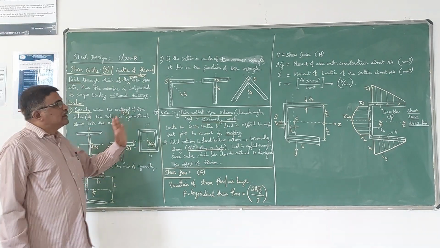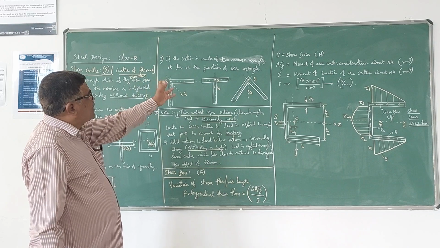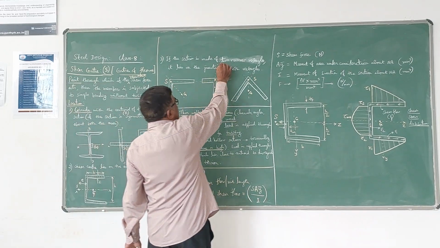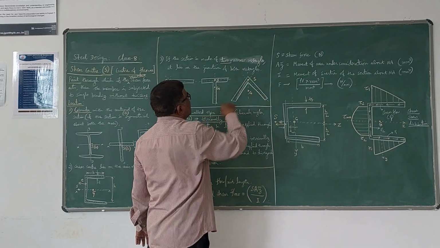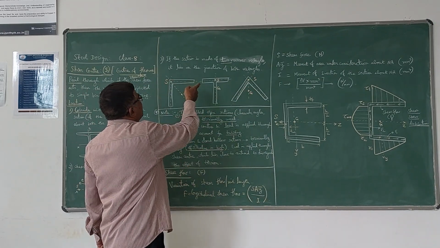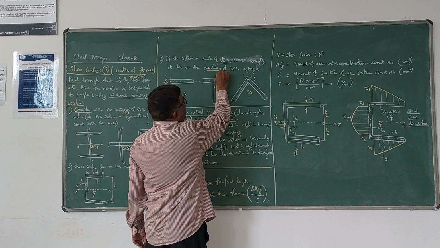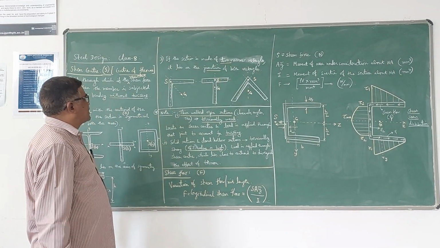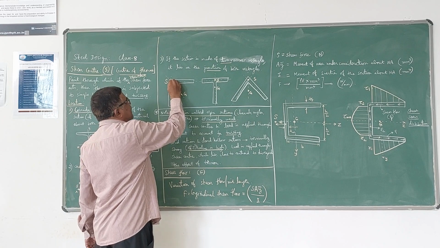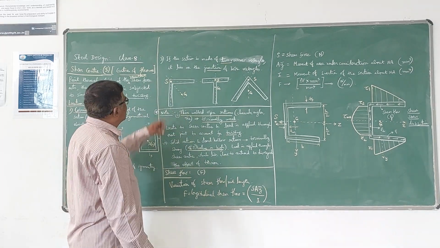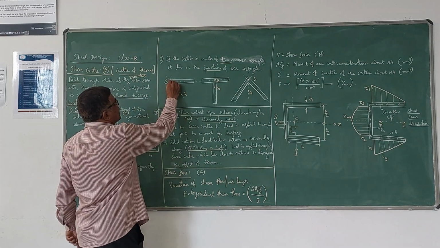Next, the third point: if the section is made of two narrow rectangles, like a T section or an L section, then the shear center lies at the junction of both rectangles. Junction means if you draw the center lines, they intersect here. The center lines intersect here, so this is called the junction.